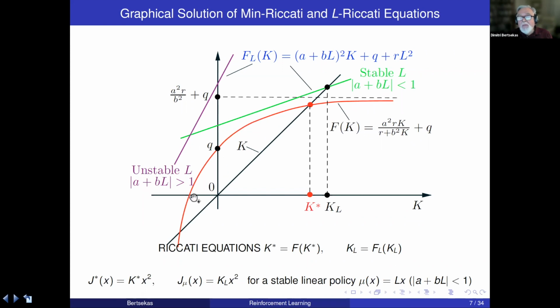The red line is obtained by minimization over policies, and so the green graphs must lie above. So we're going to see later that these green lines and also these purple lines envelop the red graph.